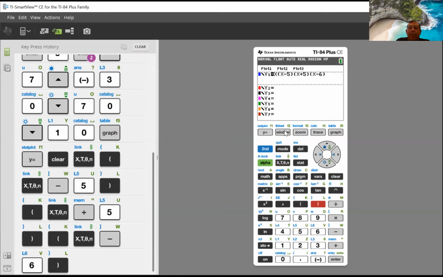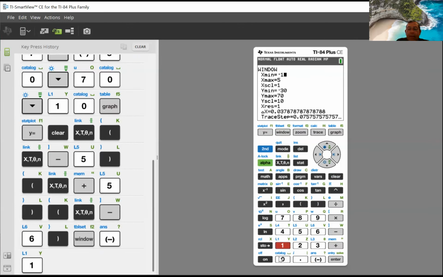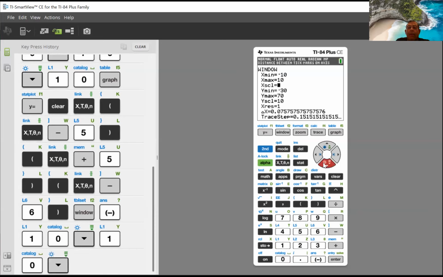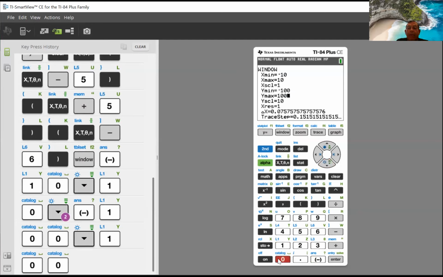All right, so my window, remember, they went from negative 10 to 10 on the X's. And then on the Y's, they went from negative 100 to a positive 100. And I guess I can leave the scale on 10s. It ain't hurting nothing. I just wanted to make sure I got them X min, X max, Y min, Y max. So then I'm going to go hit my graph and see what I get.